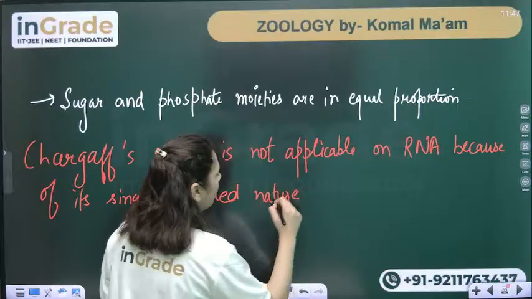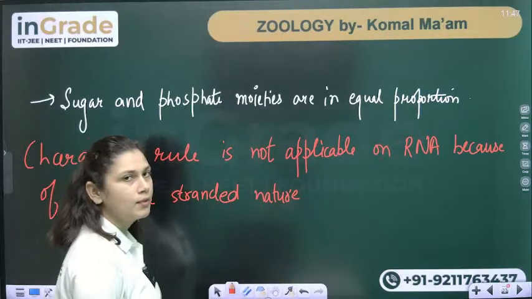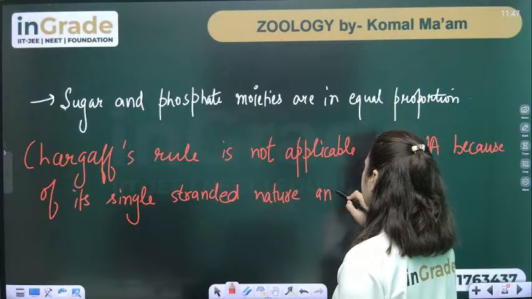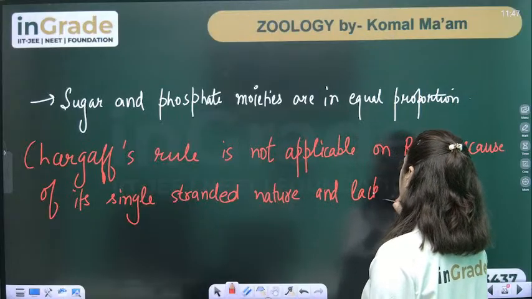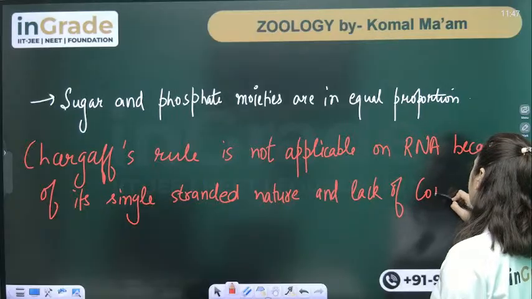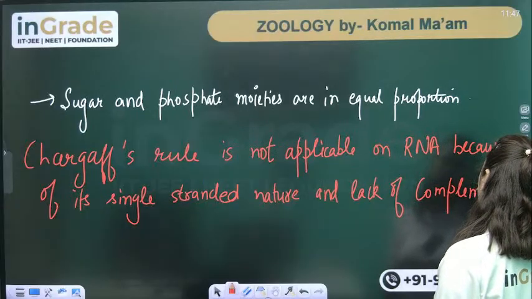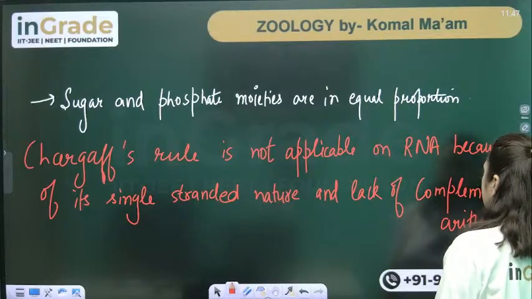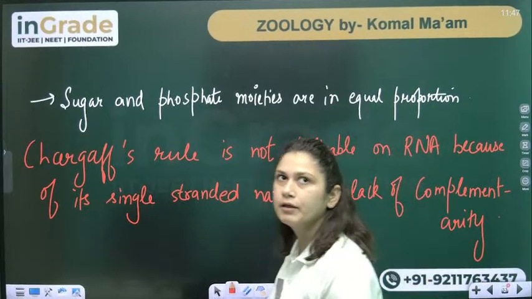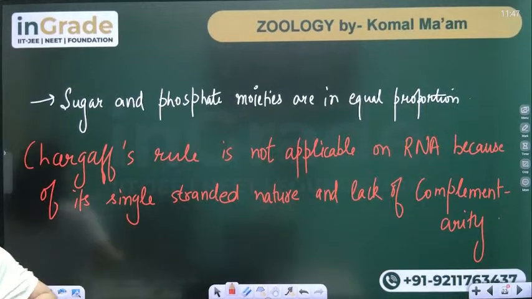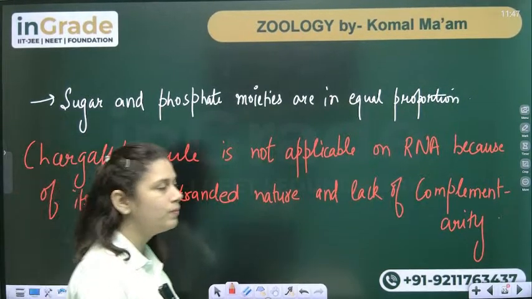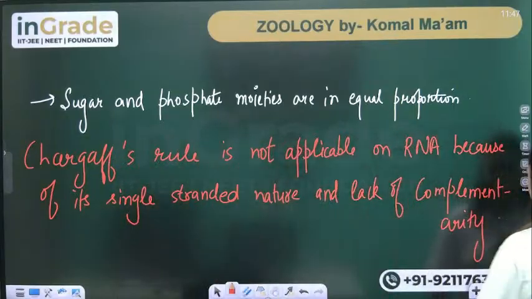And also we have uracil in RNA instead of thymine, so it lacks complementarity. That's why Chargaff's rule is not applicable to RNA. Okay class, I hope I have made myself clear with Chargaff's rule.